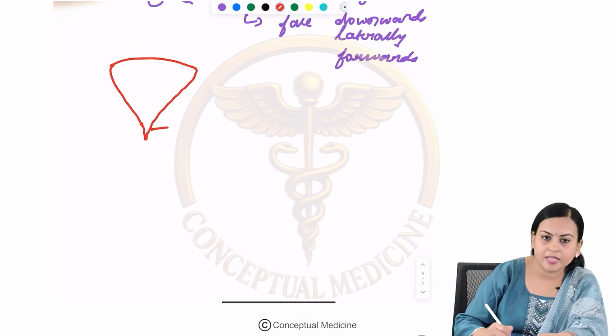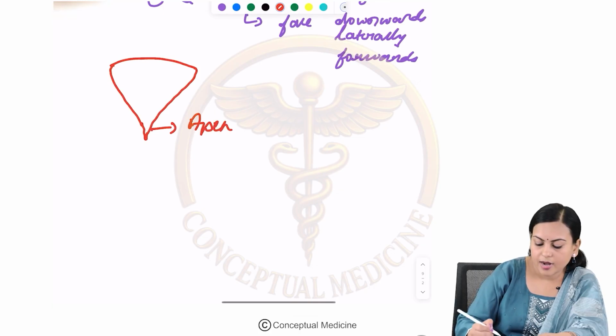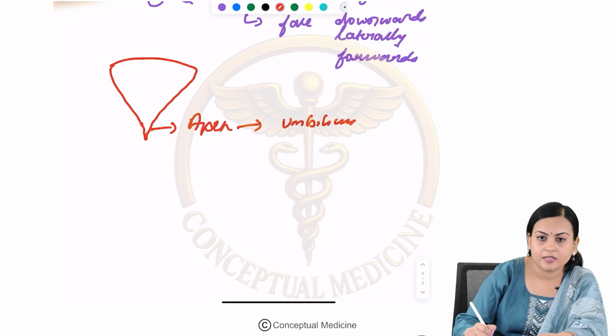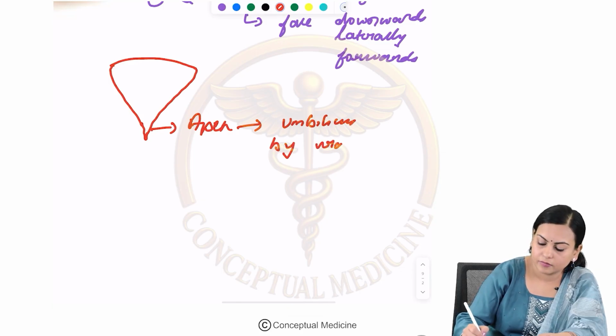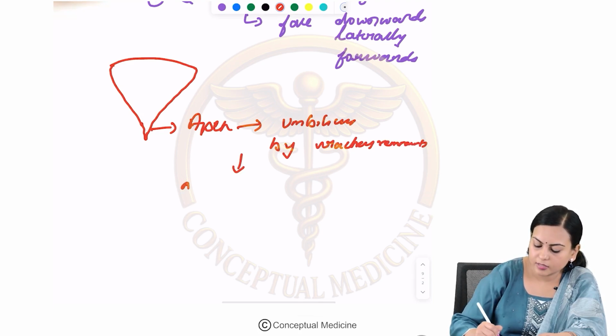You will have the apex here, and this apex is joined to the umbilicus by urachus remanens, that is the median umbilical ligament.